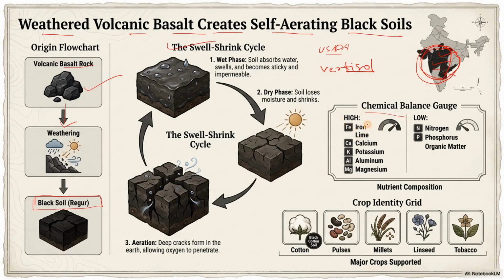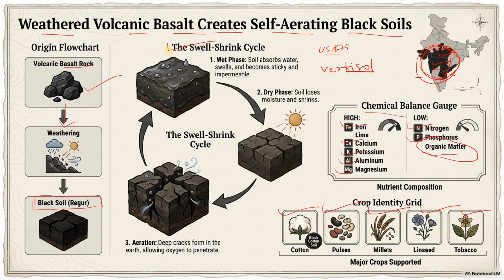It is high in iron, lime, calcium, potassium, aluminium, magnesium, but low in nitrogen and phosphorus, and lacks organic matter. The crops it supports well are cotton, pulses, millets, linseeds, and tobacco.